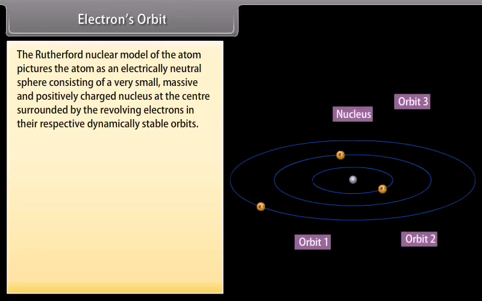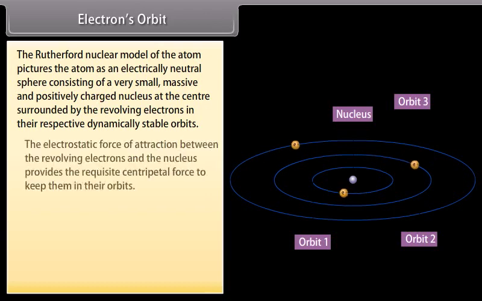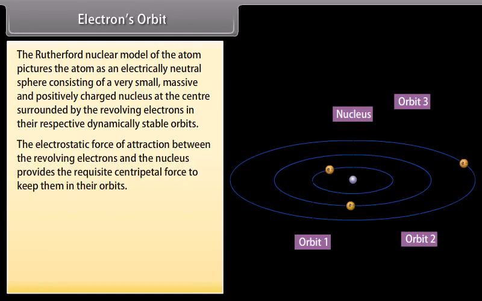Electrons orbit. The Rutherford nuclear model of the atom pictures the atom as an electrically neutral sphere consisting of a very small, massive, and positively charged nucleus at the center, surrounded by the revolving electrons in their respective dynamically stable orbits. The electrostatic force of attraction between the revolving electrons and the nucleus provides the requisite centripetal force to keep them in their orbits.